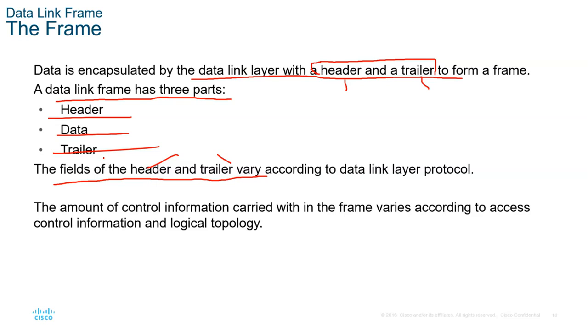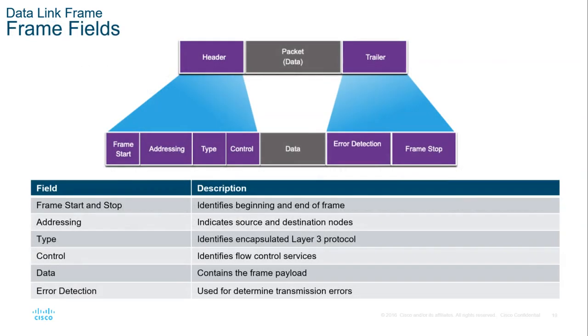The amount of control information carried within the frame varies according to the access control information and the logical topology. So there is a frame with different fields. We have frame start, addressing, type, and control within the header. Then the data, the payload, and the trailer with error detection and frame stop.